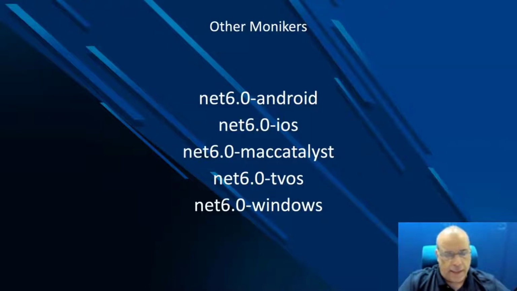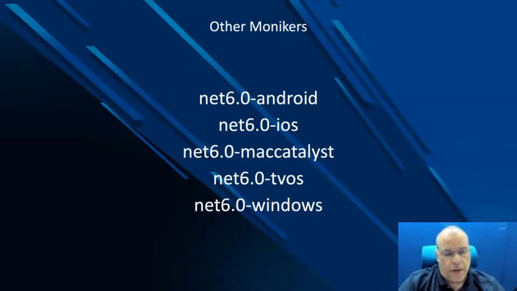These monikers are used when you want to use a particular version of the framework. So let's say there's something feature specific for Android that you want to use that's not available in, let's say, iOS or Windows.